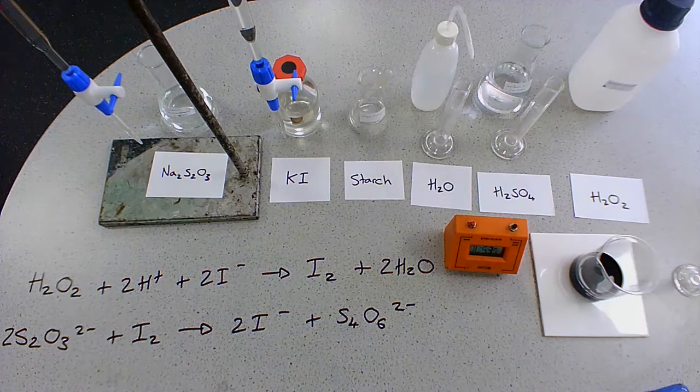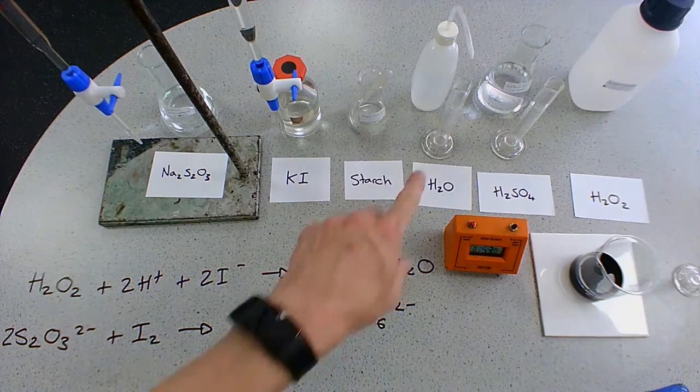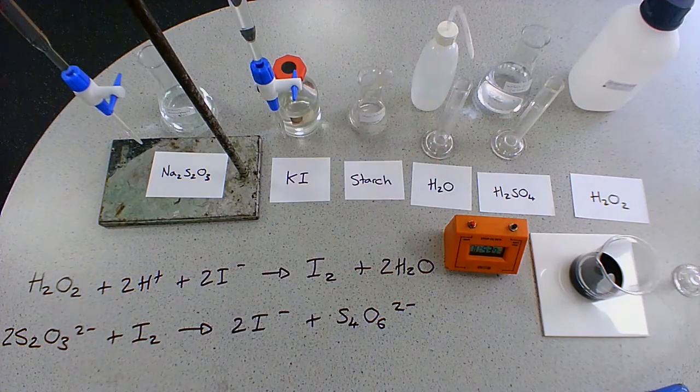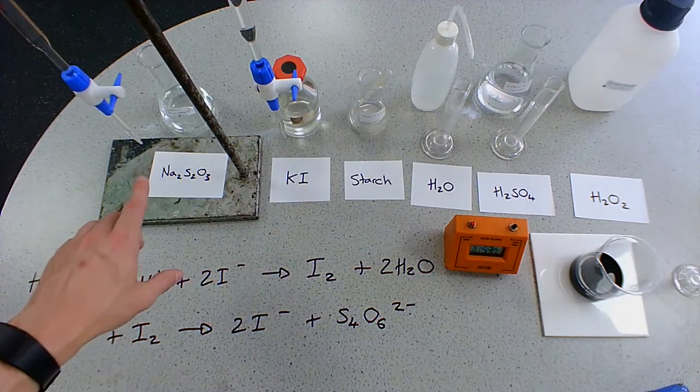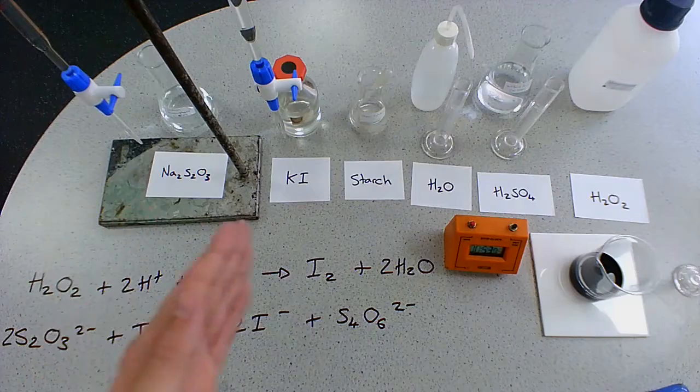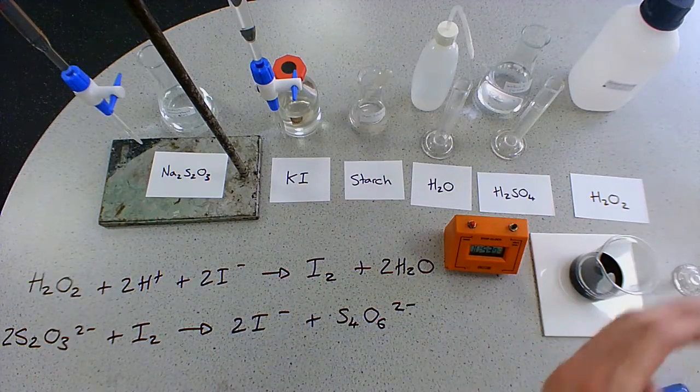Now, all we're going to do now is repeat this experiment, keeping the concentration of everything else the same. So it's important that the total volume of our solution remains the same. That's the purpose of the water. So as we start to add more potassium iodide, we're going to keep the same volume and concentration of thiosulfate, starch, sulfuric acid, and hydrogen peroxide.